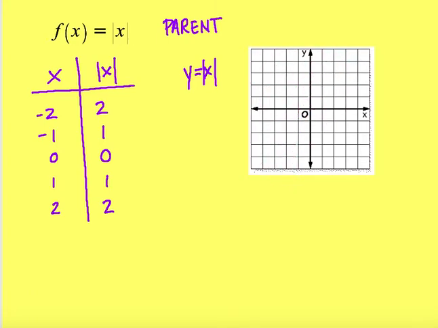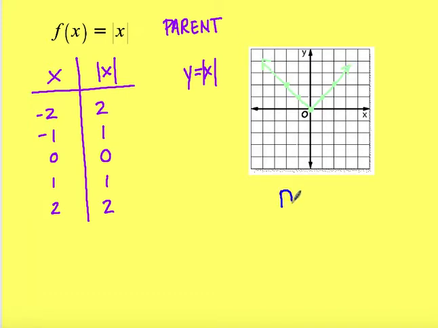So let me just do that by plotting these 5 points. These 5 points give me -2, 2, -1, 1, 0, 0, 1, 1, and 2, 2. And there gives us our parent function of the absolute value. So we get that V shape.